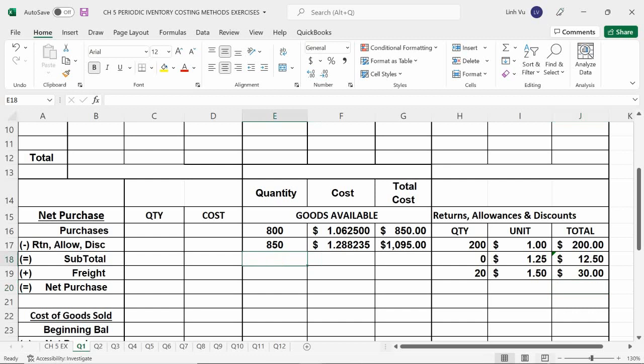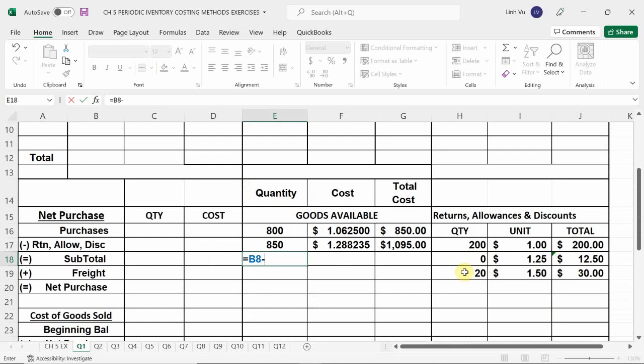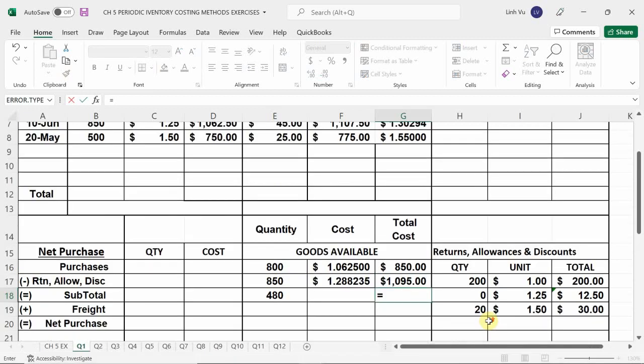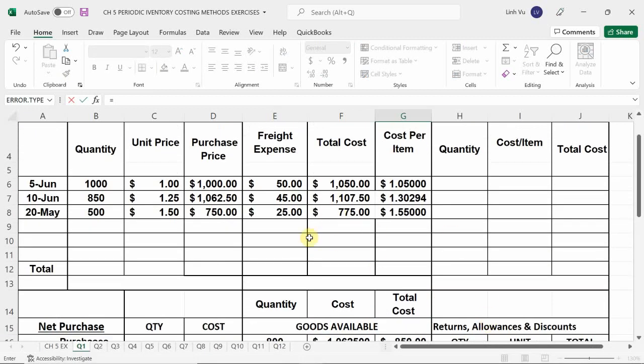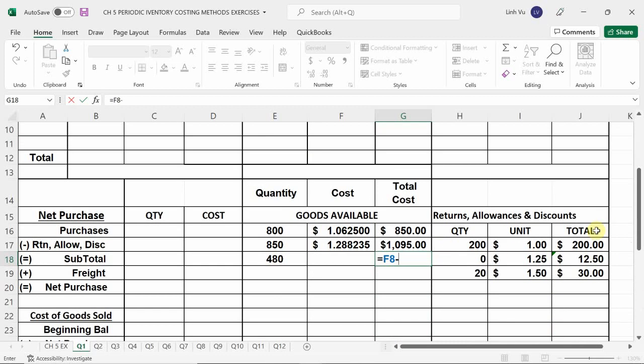Okay. So in this case, I don't actually have 500 units anymore because I end up returning 20 of those units. So I should be left with 480. And because I got a $30 refund, that means my $775 is no longer, right? It's going to end up being $745.